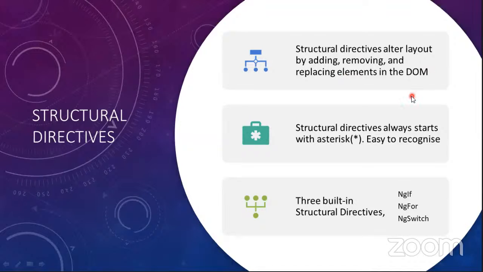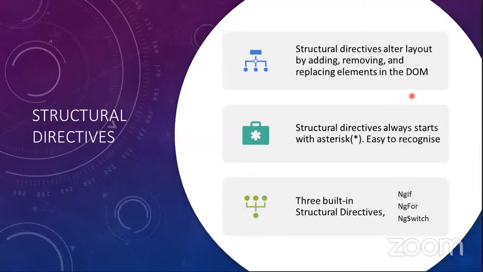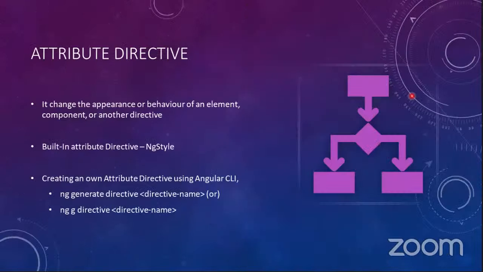Okay, let's talk about attribute directives. What is an attribute directive? Structural directives help you add, remove or replace elements. But an attribute directive helps you in a CSS way, in a styling way. It helps you change the appearance or behavior of an element.